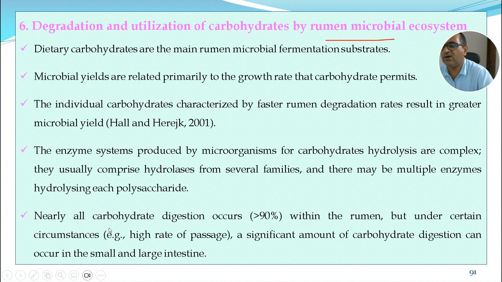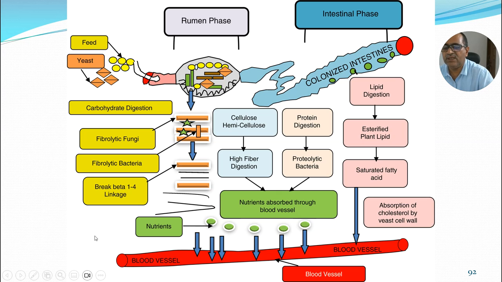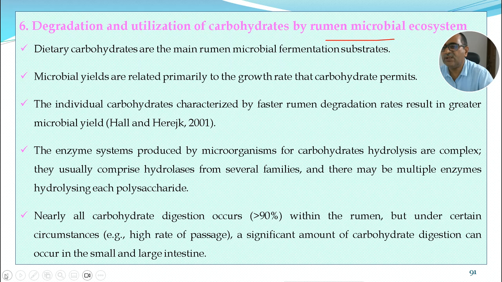Nearly all the carbohydrate digestion occurs within the rumen, but under certain circumstances a significant amount of carbohydrate digestion can occur in the small intestine also.